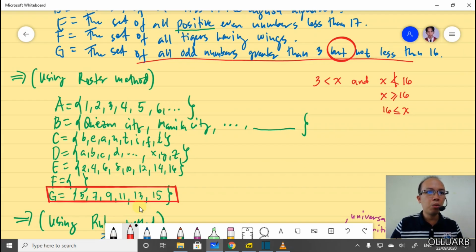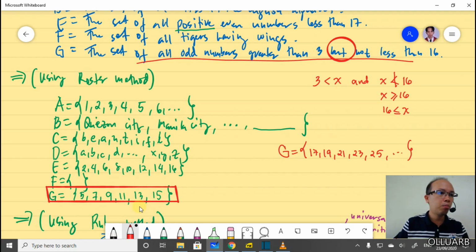So this means that our set G, this is a correction, will start at 17, 19, 21, 23, 25, since it is odd, and so on. You cannot include the odd numbers 5, 7, 9 in this set, because as you can see, 7 is greater than 3, but it is not greater than 16.